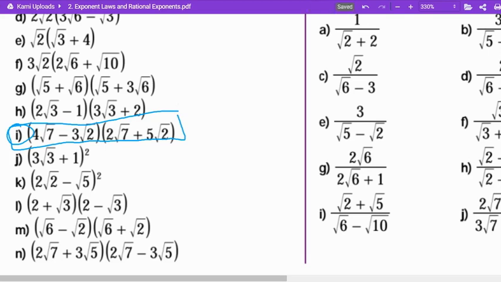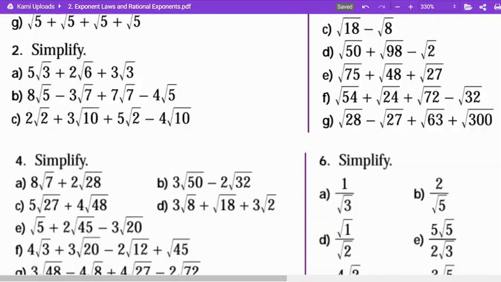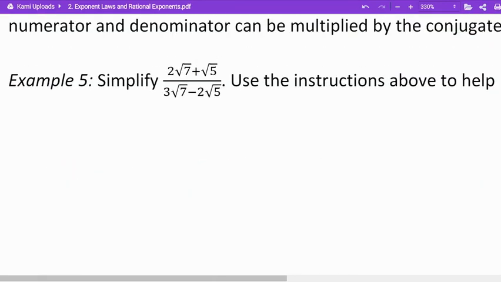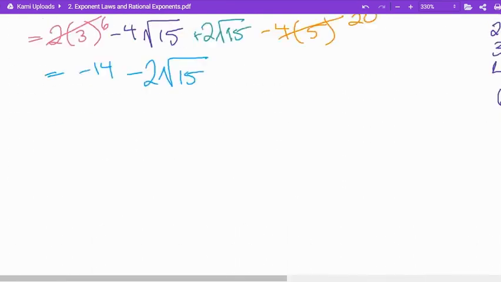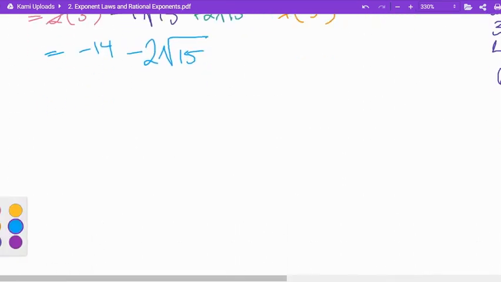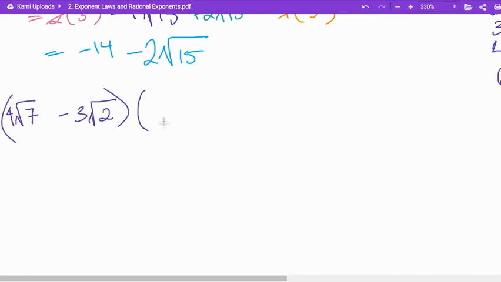4 root 7 minus 3 root 2. Was it root 2? Yeah. Okay, and then what? 2 root 7 plus 5 root 2. All right, so we're all practicing 5.